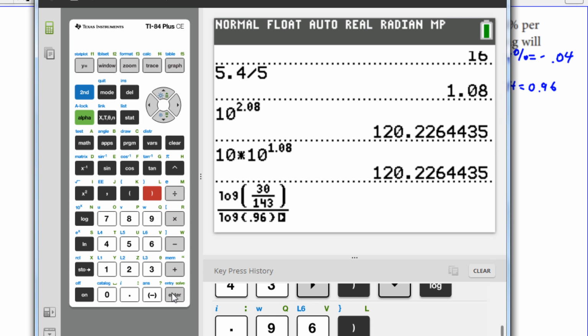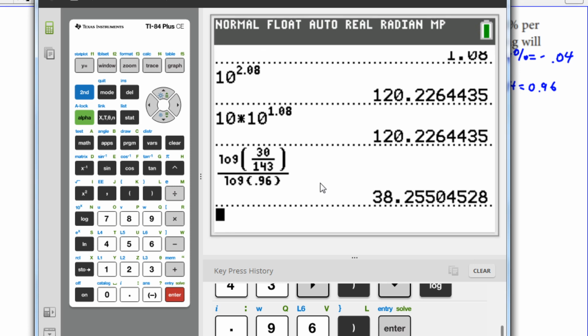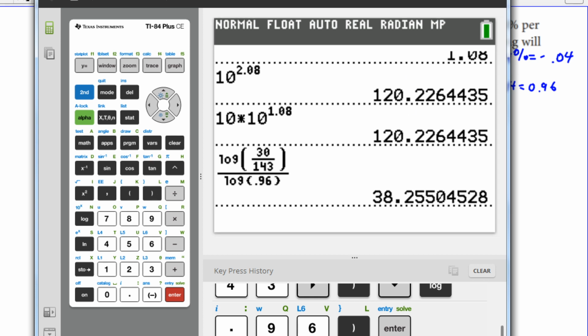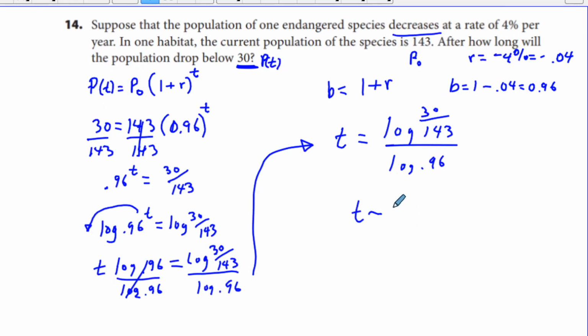Okay, very good. Let's go ahead and press enter. So we get 38.26, we'll call it rounded. So about 38.26.